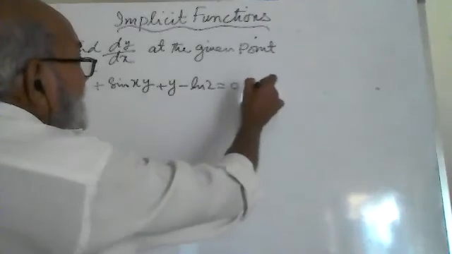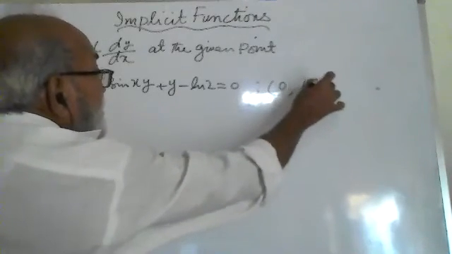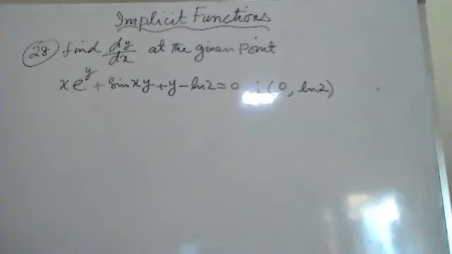And the given point is 0, ln 2. This is the given point.